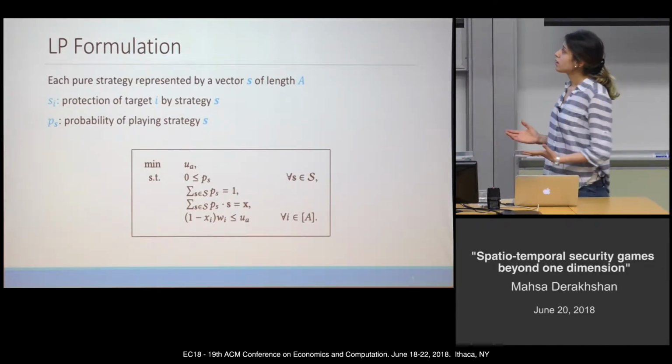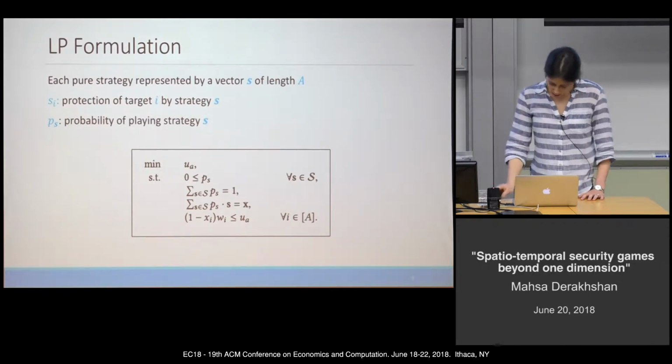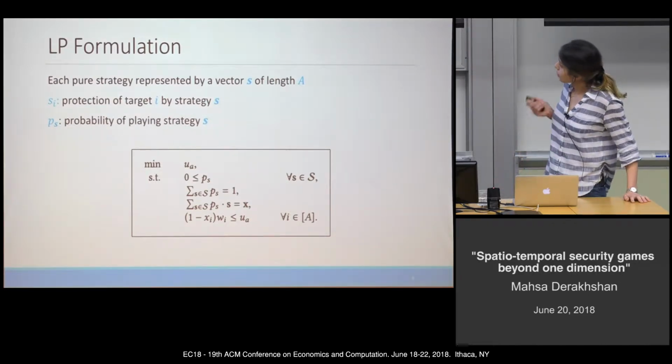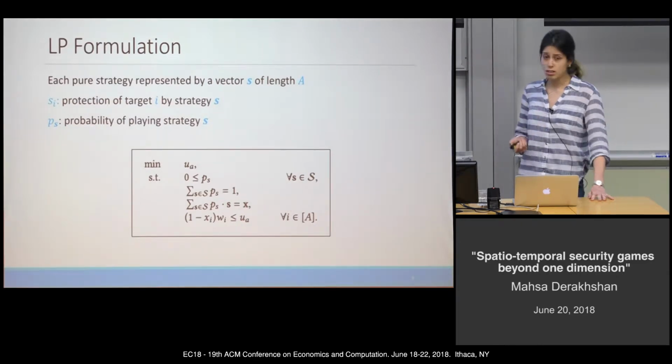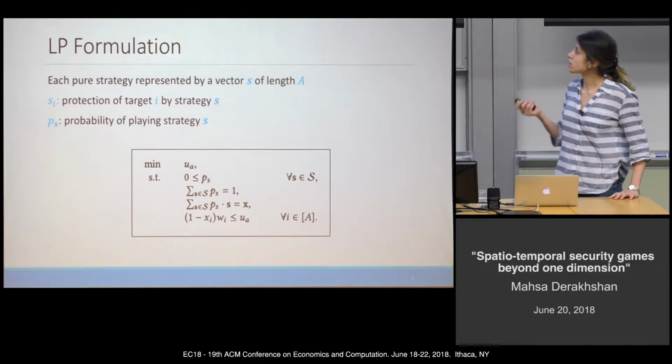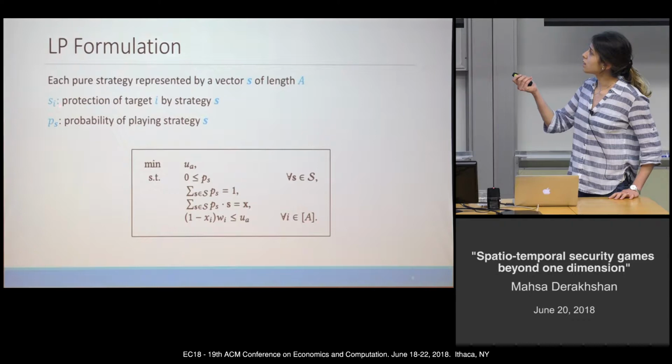So we start with the classic LP method. We represent the pure strategies of the defender by vectors of length A, where A is the number of targets. So S of a is the protection of target a by this strategy.